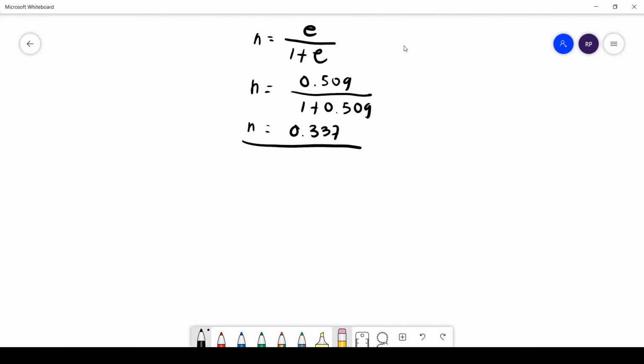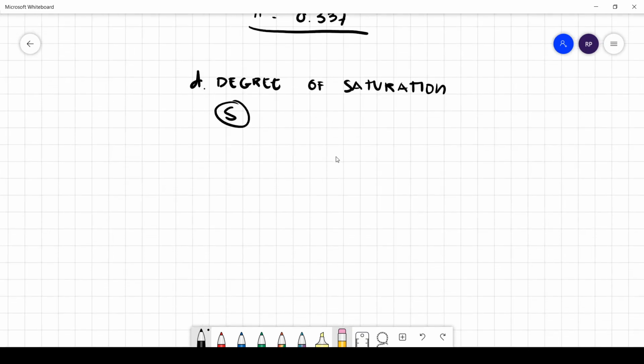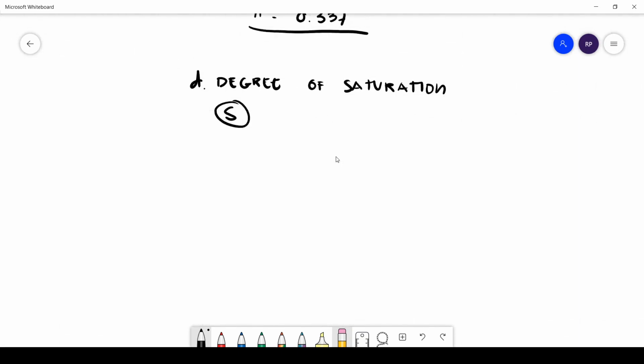And then, lastly, we are asked to solve your degree of saturation. So letter D, degree of saturation, which is your S. Okay? So marami namang ways to solve your degree of saturation.